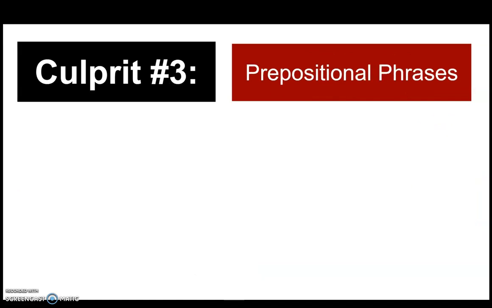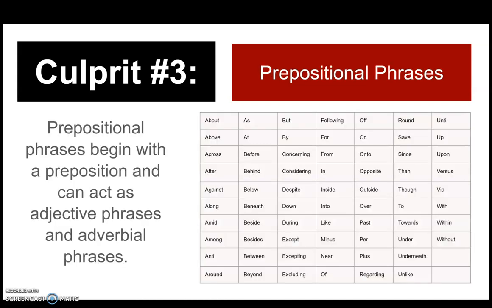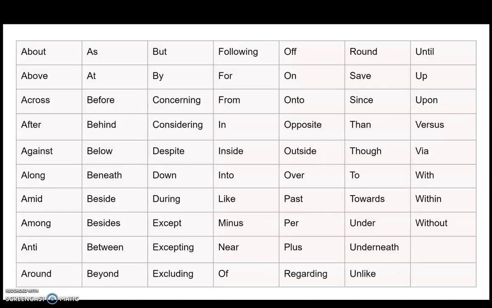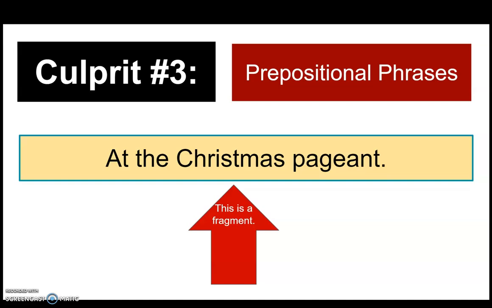Another culprit for fragments are prepositional phrases. So prepositional phrases begin with a preposition and can act as either an adjective or adverbial phrase. Again, this list of prepositions is available on our editing handout. Here's another fuller list for you to look at. You can look at it in your own time.